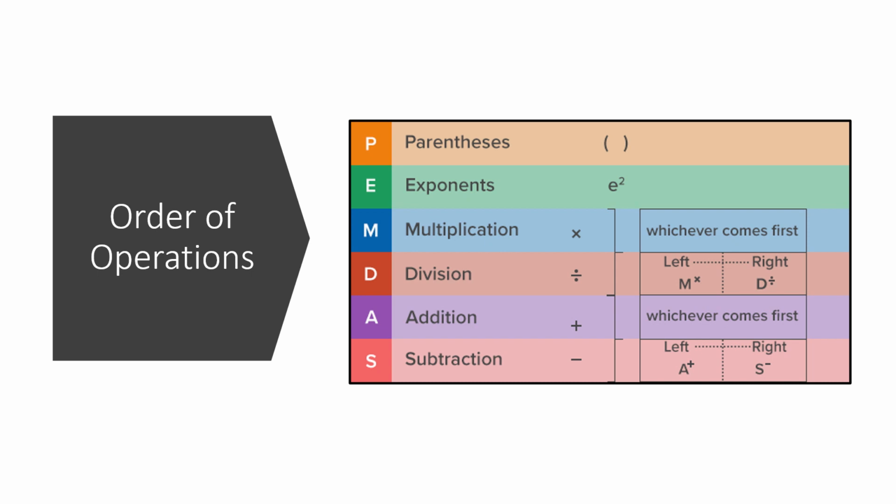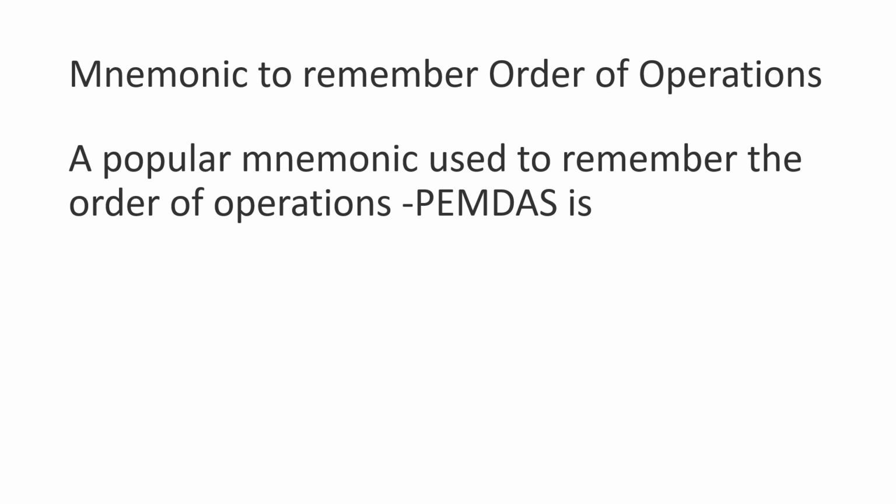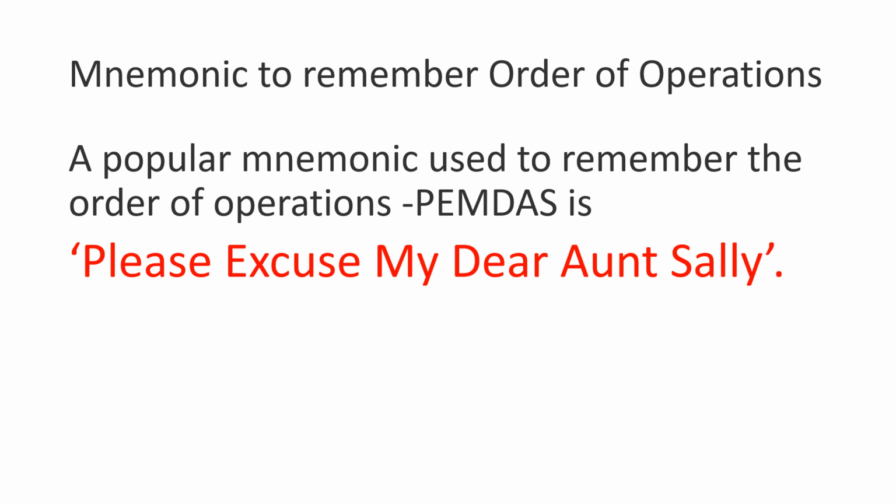The table given depicts clearly which comes first and which comes last. There is a mnemonic to remember the order of operations easily for kids. The popular mnemonic used to remember PEMDAS is: please excuse my dear Aunt Sally.